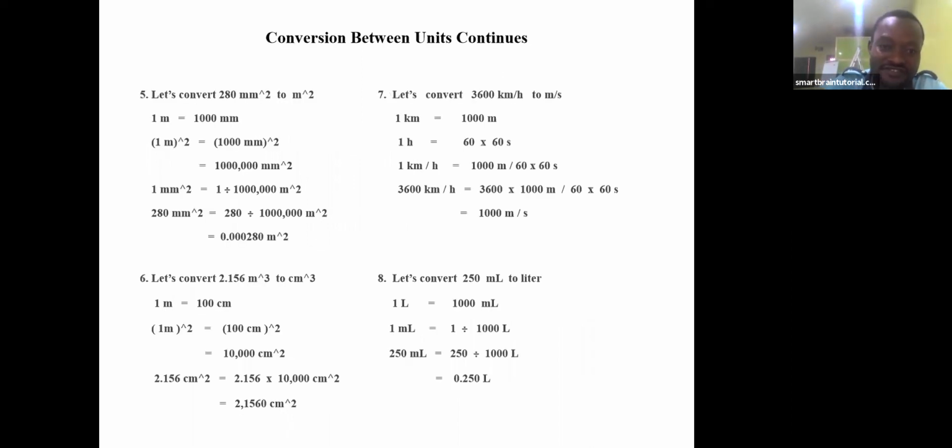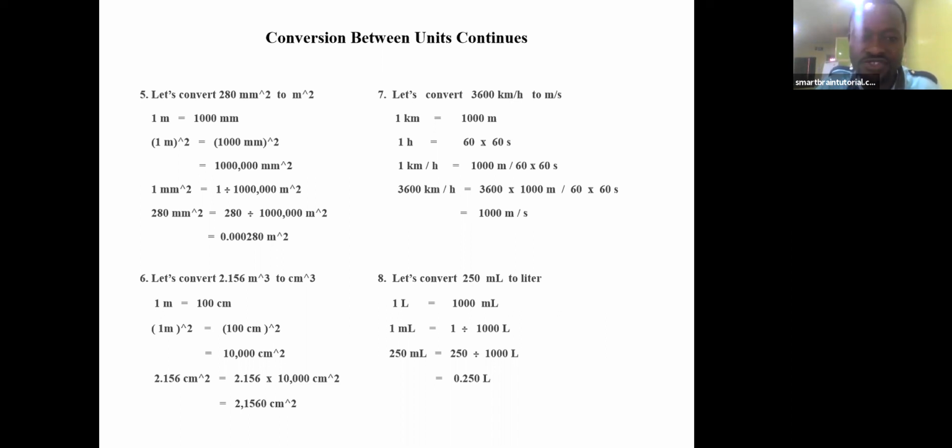Question 5. Let's convert 280 millimeters squared to meters squared. Now, from our previous discussion, we said 1 meter is equivalent to 1,000 millimeters. Now, put in brackets, 1 meter squared is equivalent to 1,000 millimeters, all in bracket, raised to the power of 2.